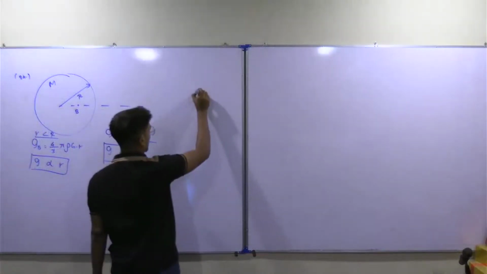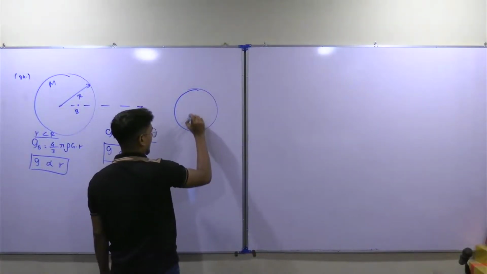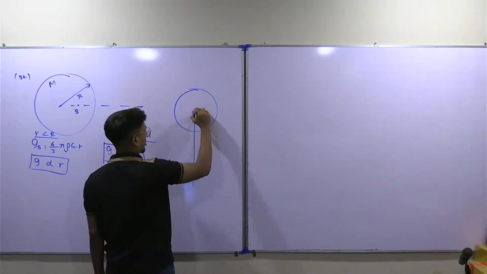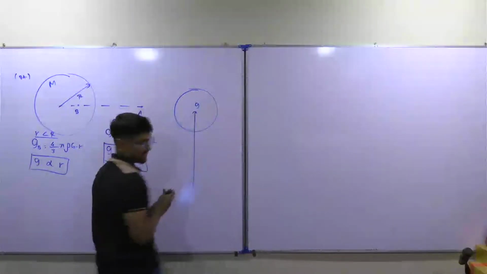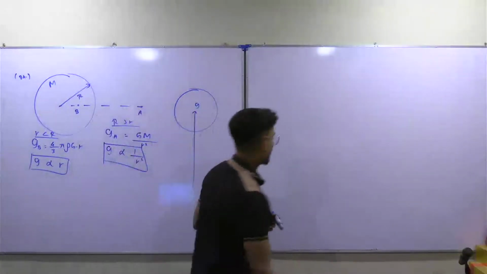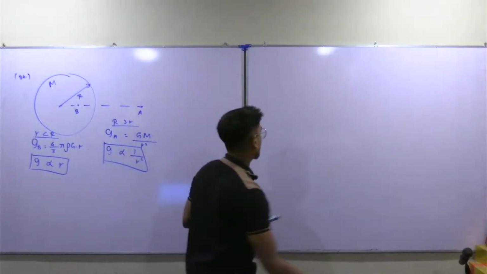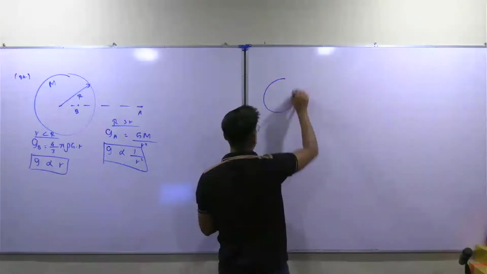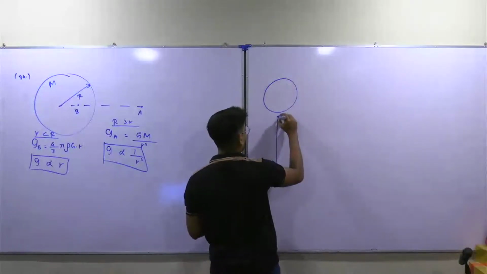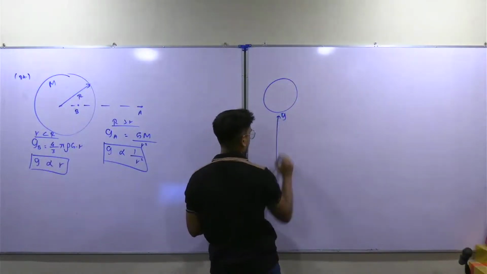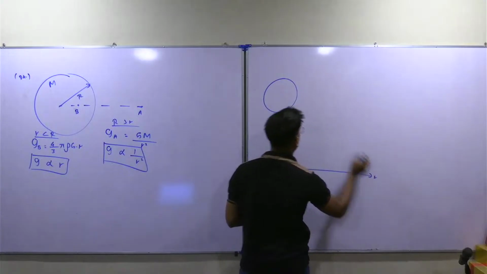If you want to draw a graph, it is like this. Consider this is a planet. This is the gravitational acceleration G versus r graph.